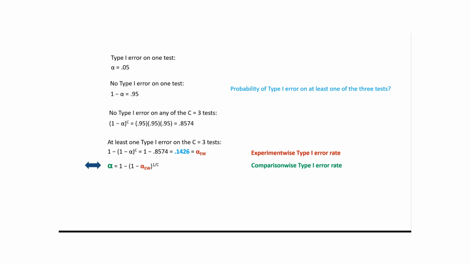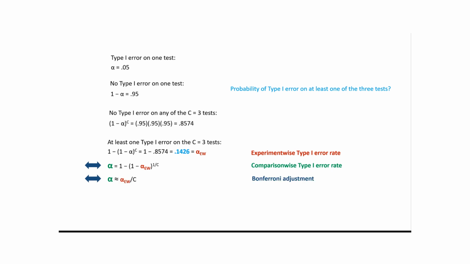This expression here on your screen now gives the exact level at which we would need to set what is referred to as the comparison-wise type 1 error alpha, to restrict our experiment-wise type 1 error alpha EW to a specific value.